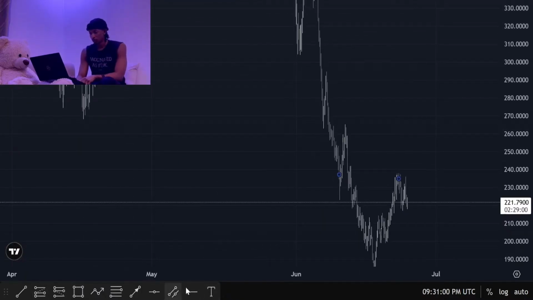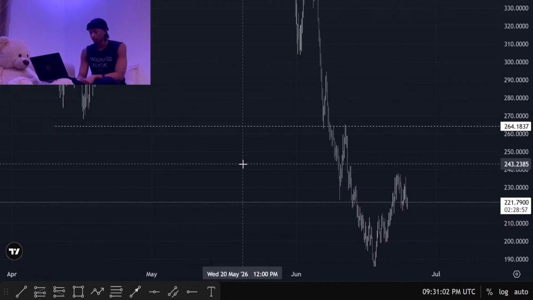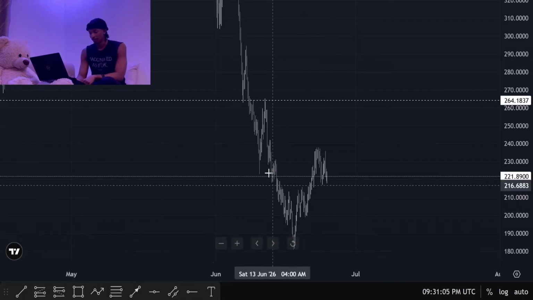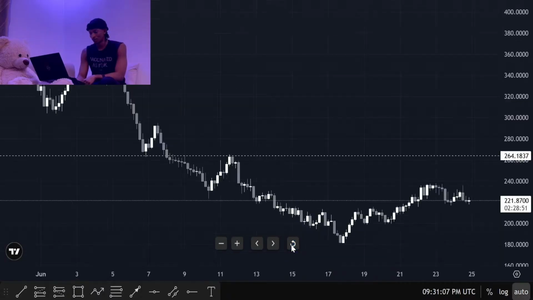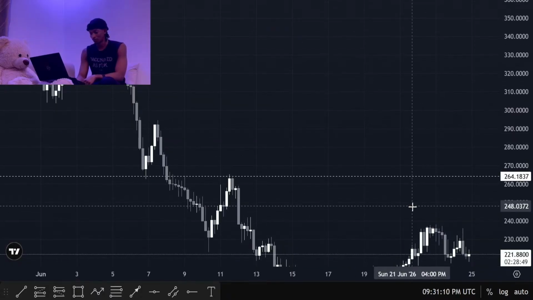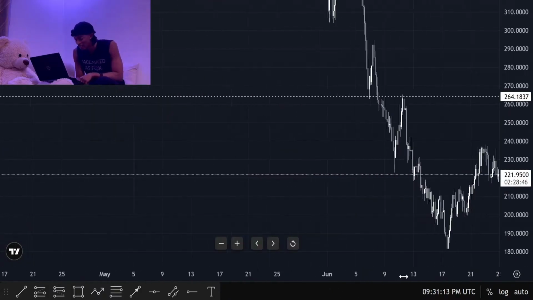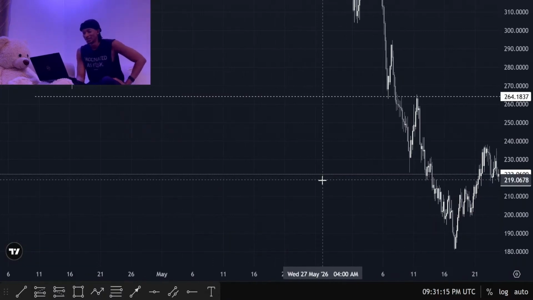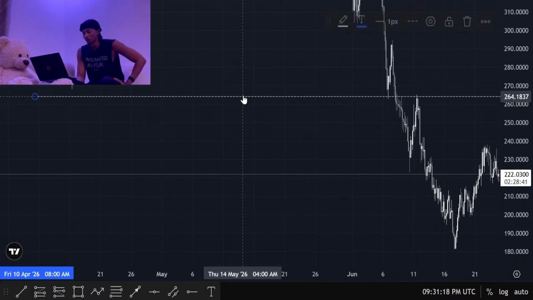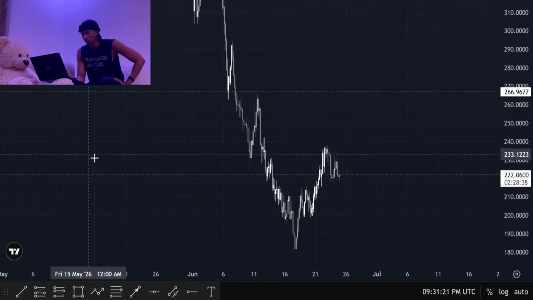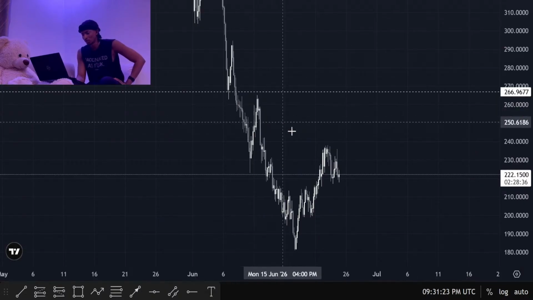If price can come to here, no. I think where price looks okay, it's not attractive. If price can come to this white line, I'm sure something nice will happen.